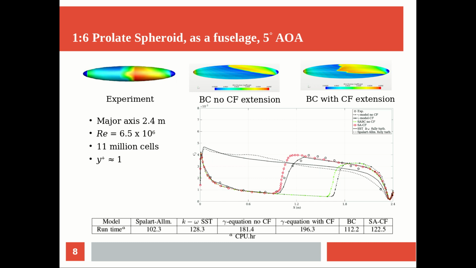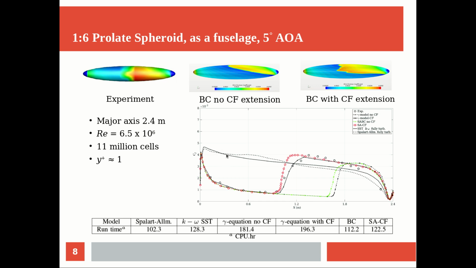So some benchmarks: this is a 6:1 prolate spheroid, reproducing an aeroplane fuselage body with a 5-degree angle of attack, and different turbulence models have been added. This is CF over the upper surface of the spheroid.